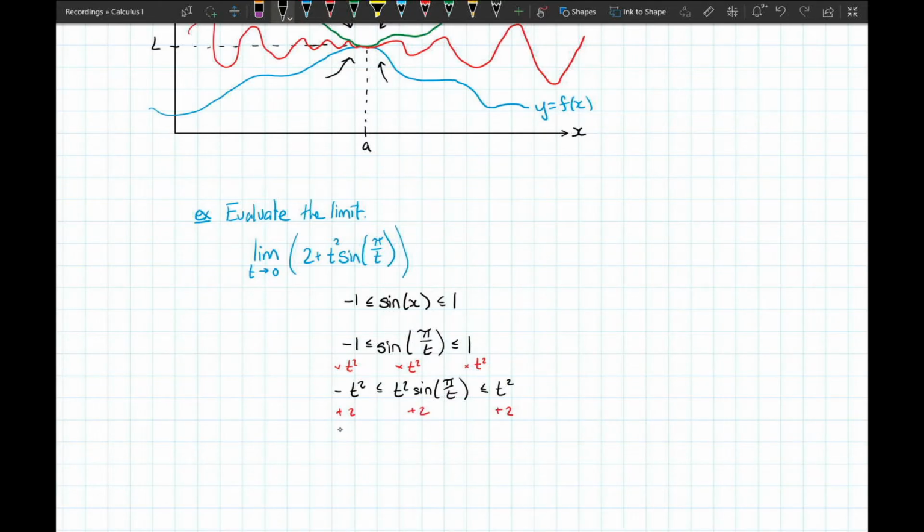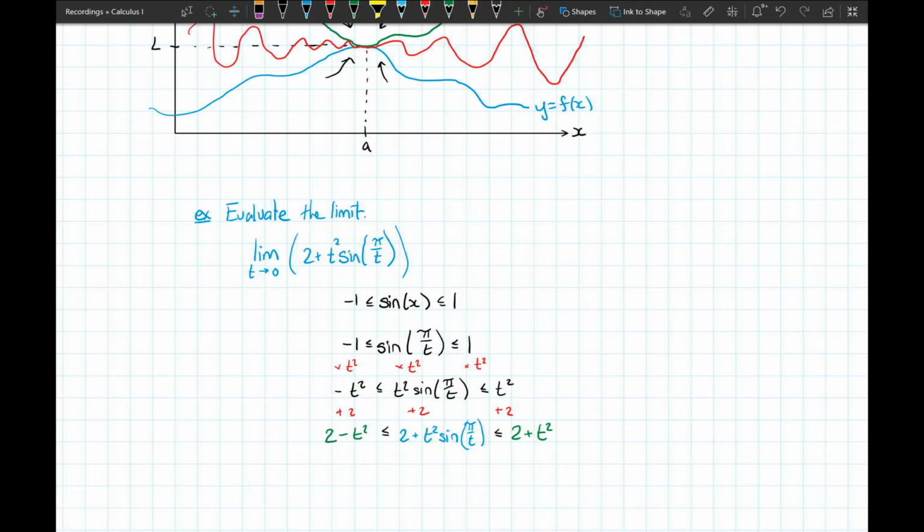So then we end up with adding 2: 2 minus t squared less than or equal to 2 plus t squared sine pi over t less than or equal to 2 plus t squared. And now you can see that this function here in the middle is corresponding to the one in our question. And we have 2 functions on either side, one being a lower bound and one being an upper bound.